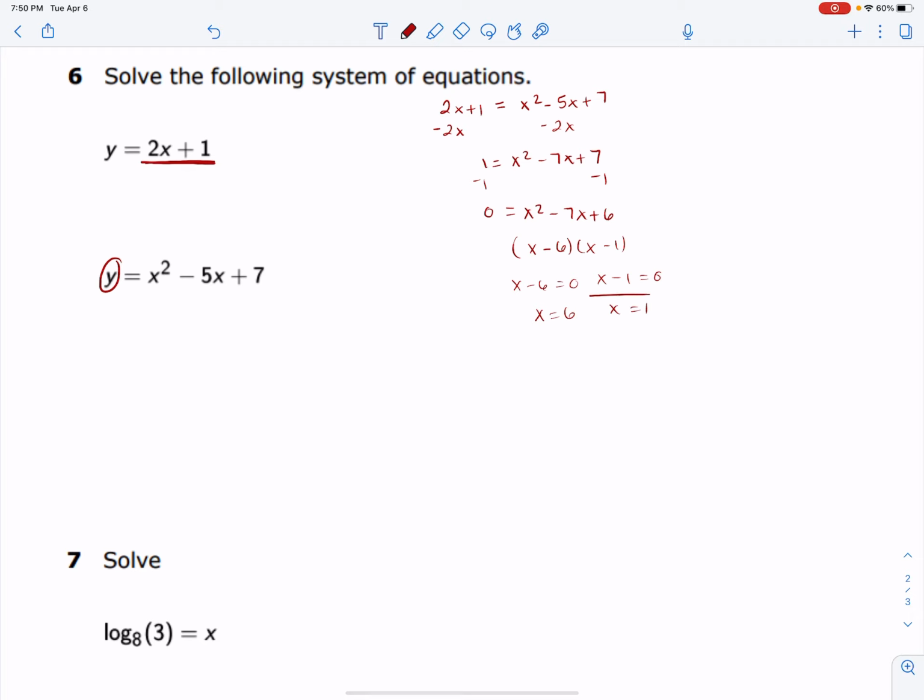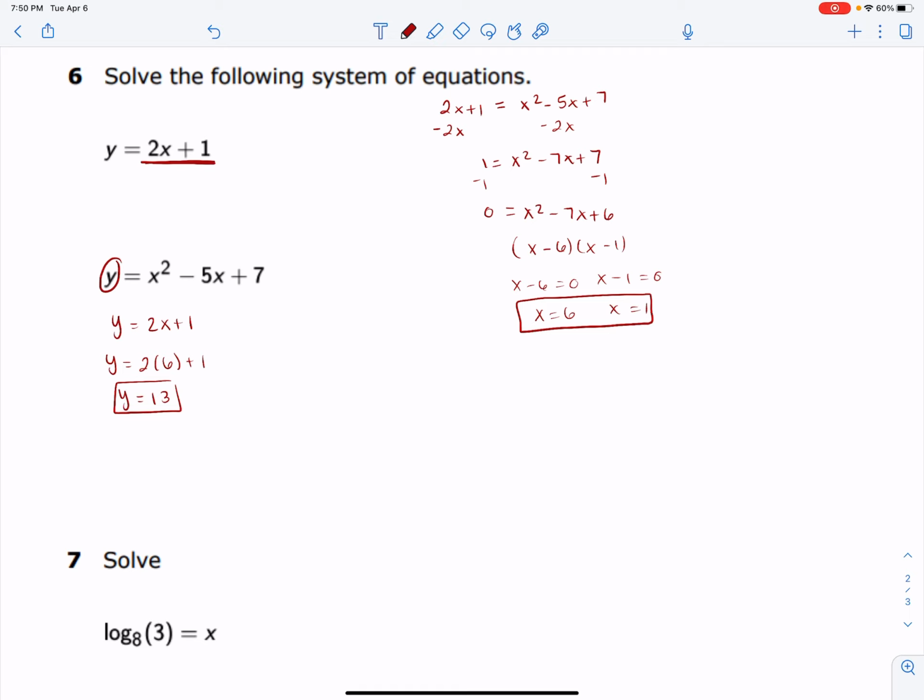All right, now a lot of you stopped here, but if we're finding the solution to a system, that means we're finding the ordered pairs where those two things would cross each other. So if I'm finding an ordered pair, I need to find the y values tied to those x's. So if we know y = 2x + 1, then y = 2 times 6 + 1, so y = 13.